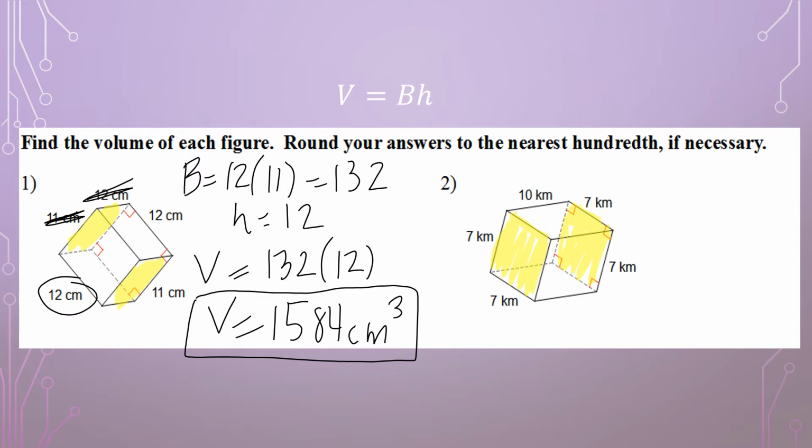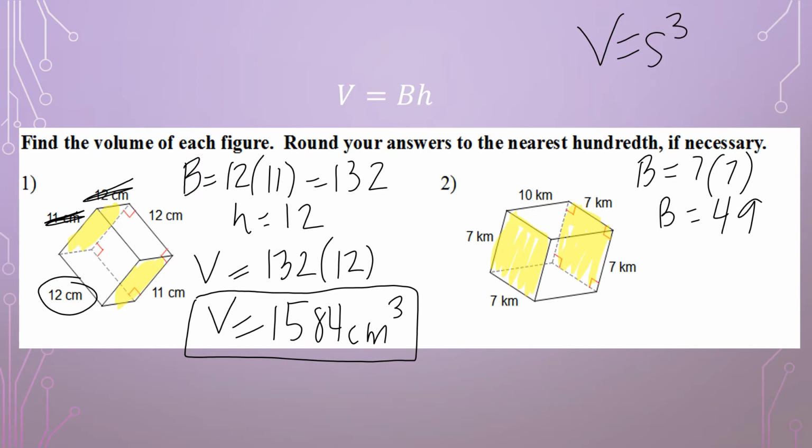So we can do our base, which is 7 times 7, or s squared for a square, would be 49. If you look at your surface area and volume cheat sheet for a cube, volume, you can do s to the third because all the sides are the same length. So keep that in mind when you're thinking about a cube.